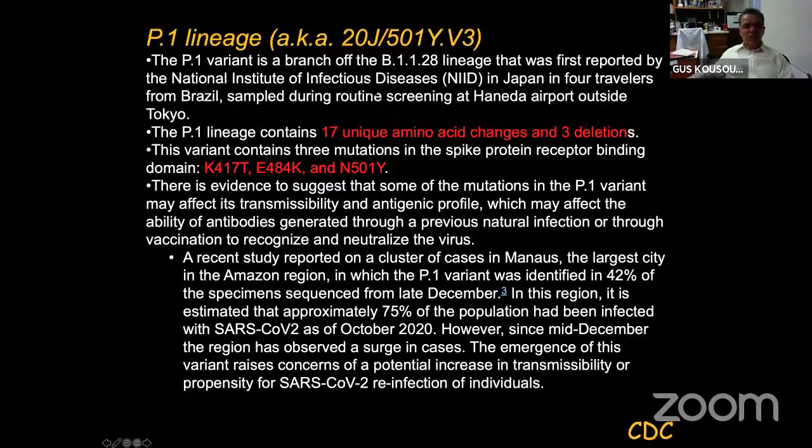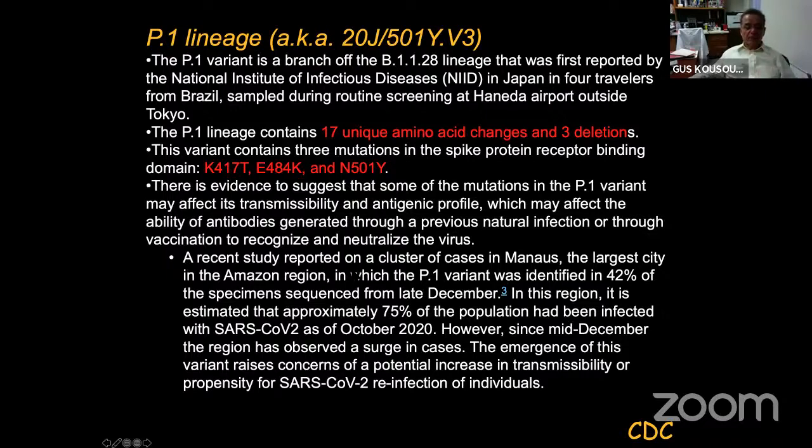And the last one I will mention, also mentioned by the CDC, is this particular P.1 lineage, with the mutations shown here. And this one has 17 unique amino acid changes and 3 deletions and contains these mutations. There's no evidence so far to suggest that some of these mutations in the P.1 variant may affect the transmissibility and antigenic profile.